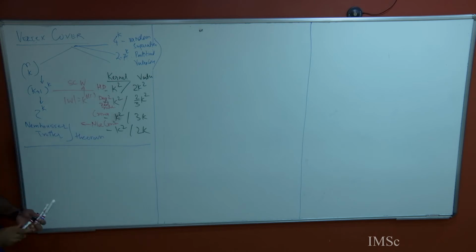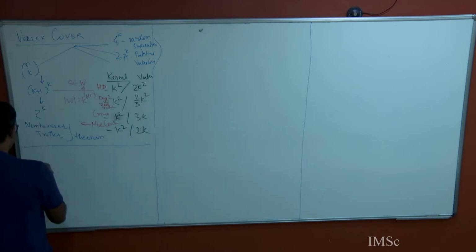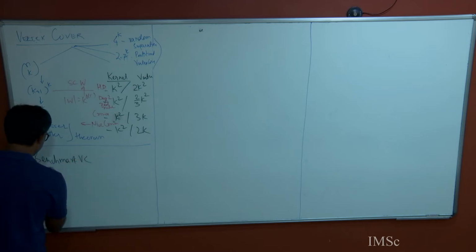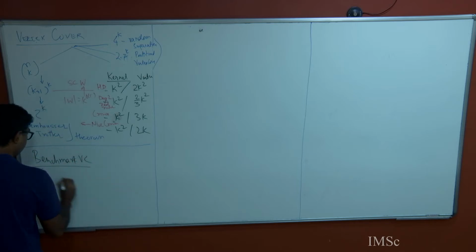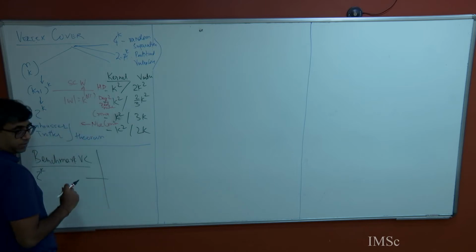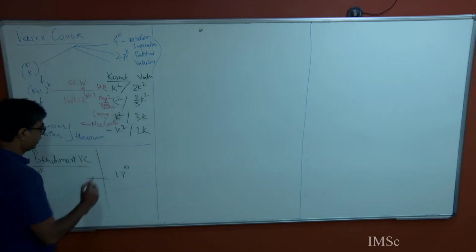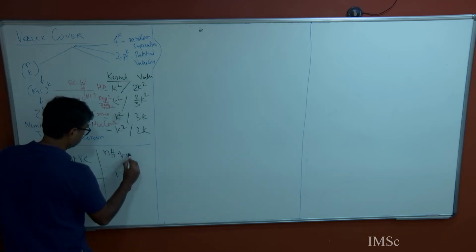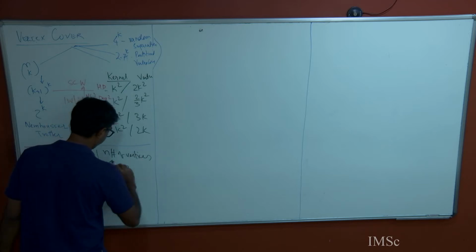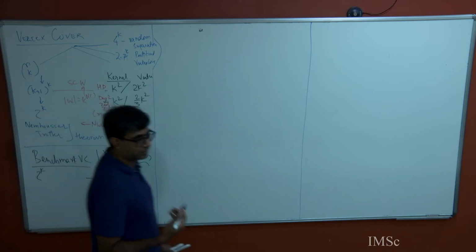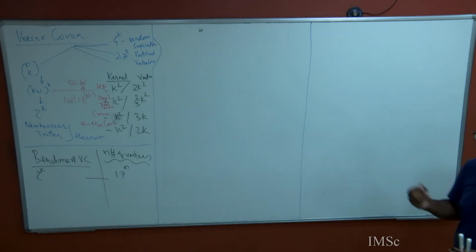So up until now, our benchmark vertex cover algorithm is 2 to the power k, and we used this benchmark algorithm to design an algorithm with running time 1.7 to the power n, where n is the number of vertices. So now there are several questions that we might like to address or try to understand from here.